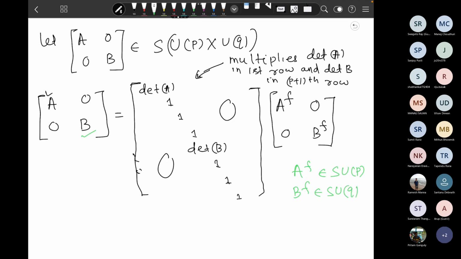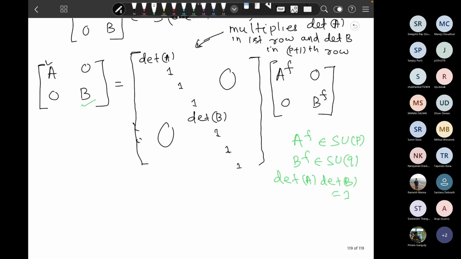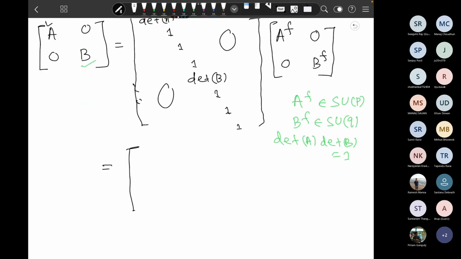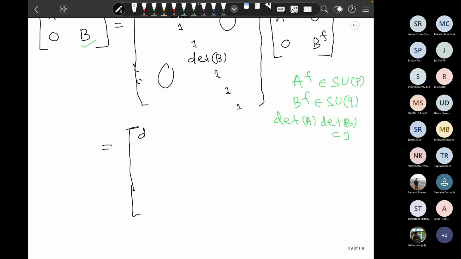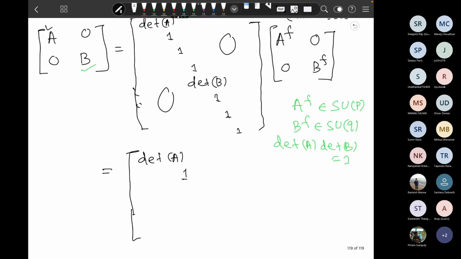And I have one more condition: since (A 0; 0 B) is in S(U(p) cross U(q)), determinant of A times determinant of B is equal to 1. I will use that, so I can write the same thing as determinant of A, then 1, 1, 1 in the diagonals.